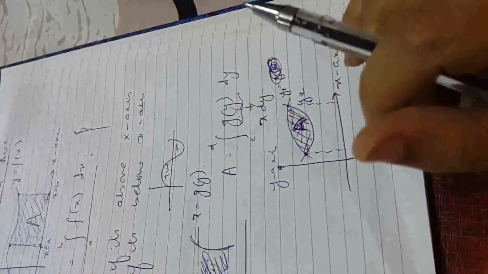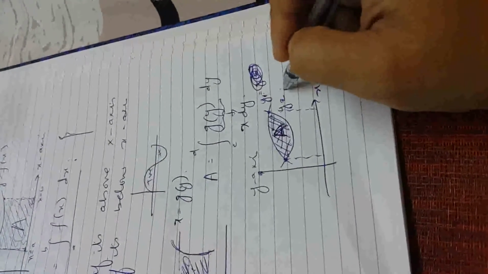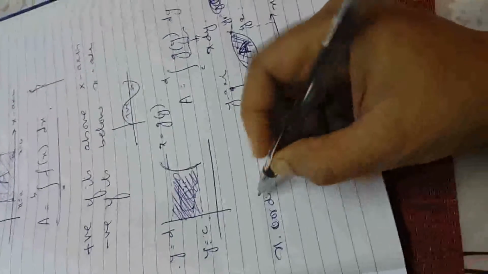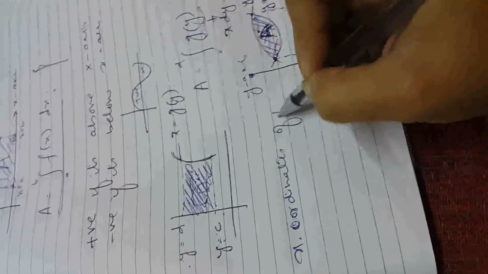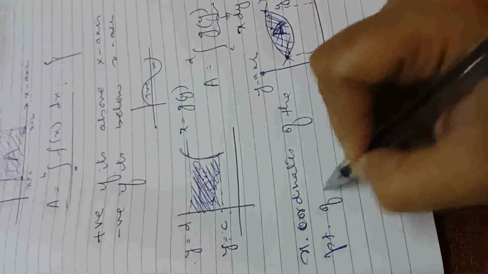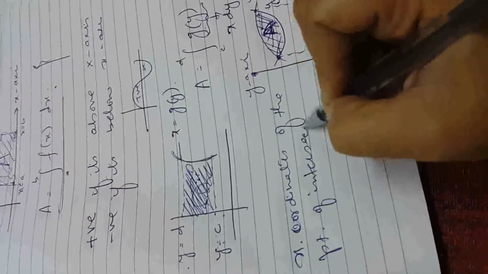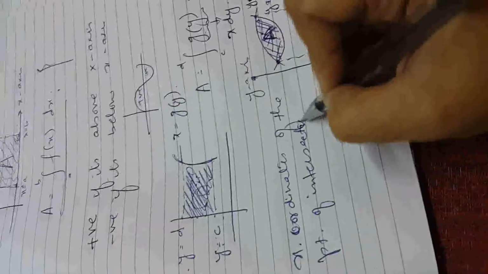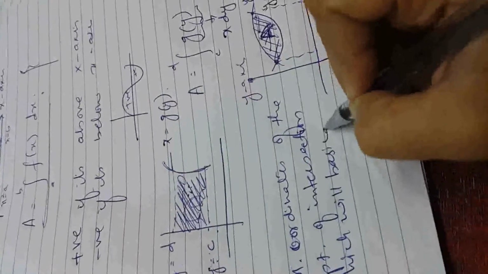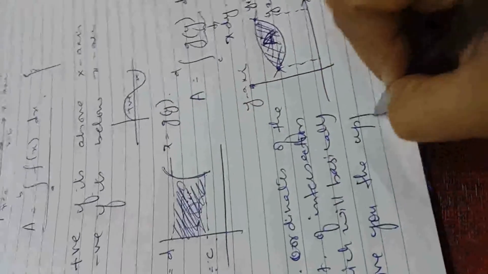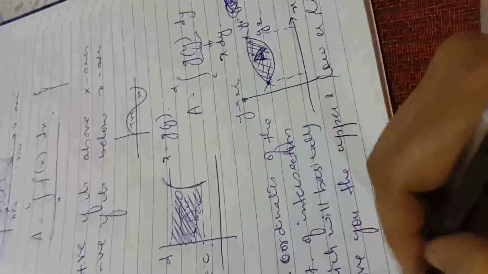To find the area between these two curves, y1 and y2, you will have to calculate the x coordinates of the points of intersection, which will give you the upper and lower limits for integration.